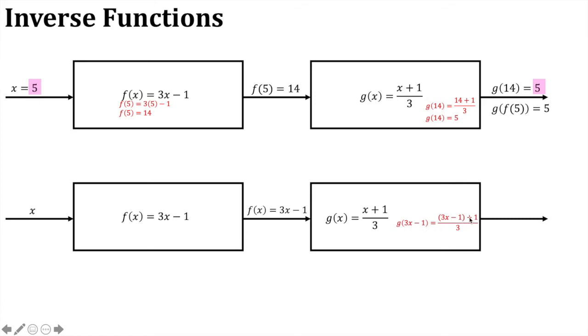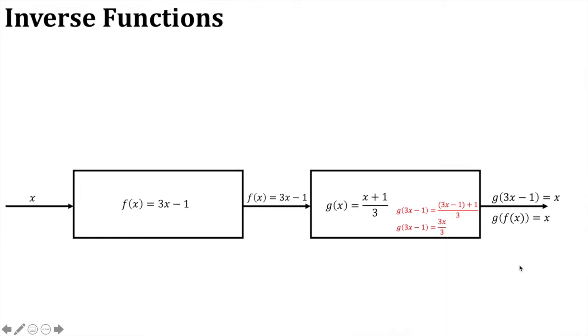So 3x minus 1 plus 1 all over 3. So 3x minus 1 plus 1 gives me 3x over 3 gives me x. And again, you can see here that my input was x and my output was x. So because g of f of x is equal to x, that means that g and f are inverses of each other.